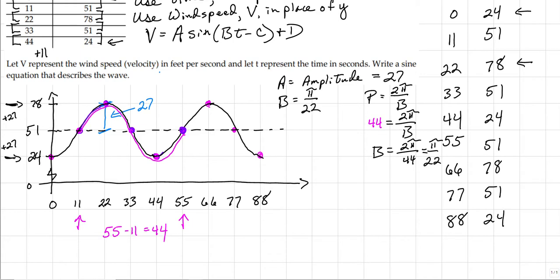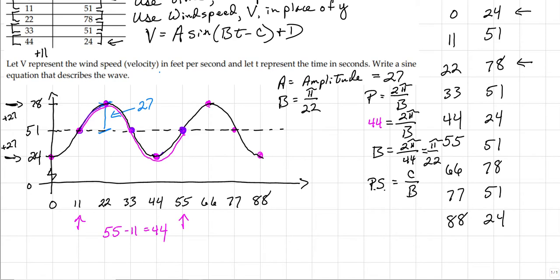Well, let's consider what C is. We're going to use C in conjunction with B to find the phase shift, or the horizontal shift. So the phase shift, PS, is equal to C over B. We know what B is.